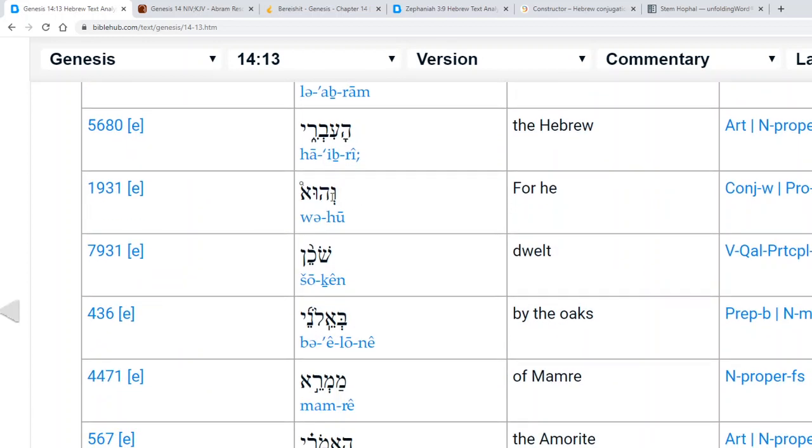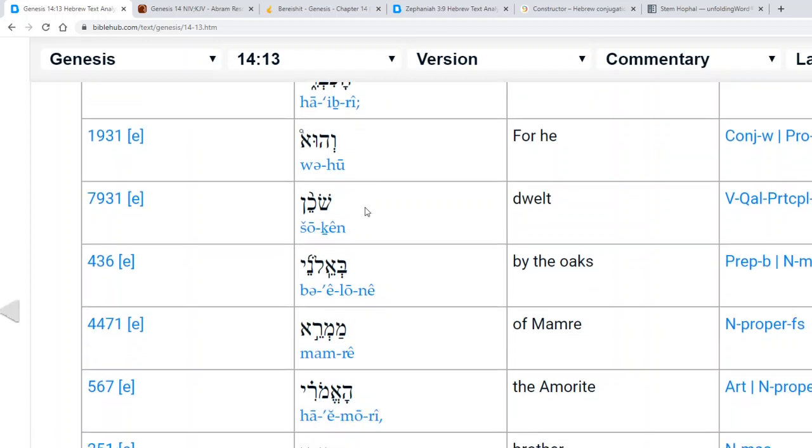So conjunctive of who, is the pronoun. So he shochen, right? This is dwelt, right? The other ones were yeshev, right? I usually translate those as settled to keep it separate from dwelt, because this is dwelt.